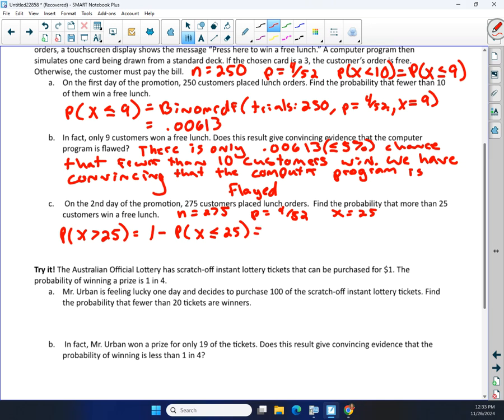So this is 1 minus binomial CDF. Number of trials is 275. Probability of success is 4 out of 52. And X is 25. If you type that in your calculator, you get 0.162.